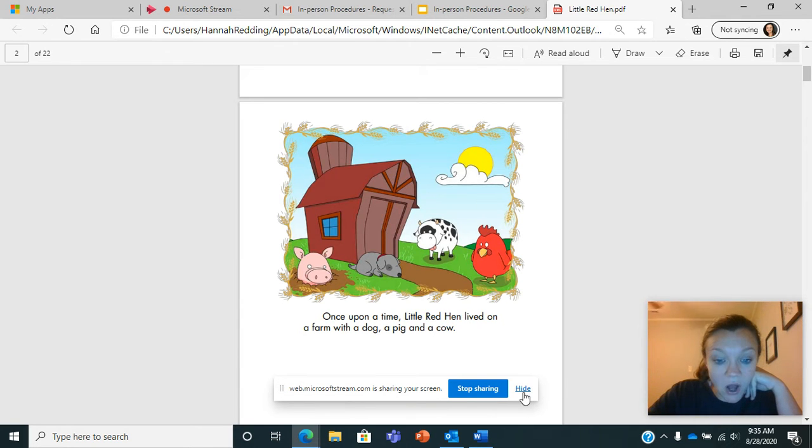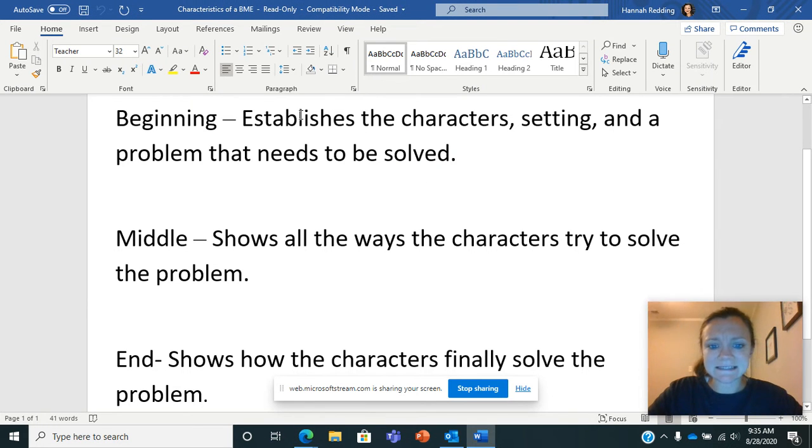Once upon a time, Little Red Hen lived on a farm with a dog, a pig, and a cow. If we think back to our chart, right? In the beginning, we established the characters. Did we just learn about some characters on the first page?